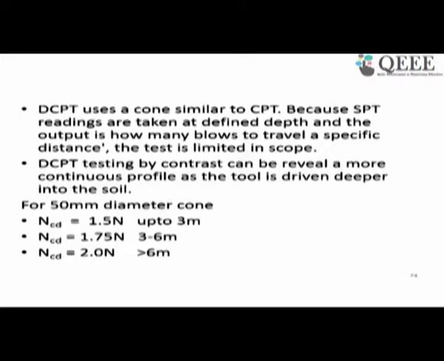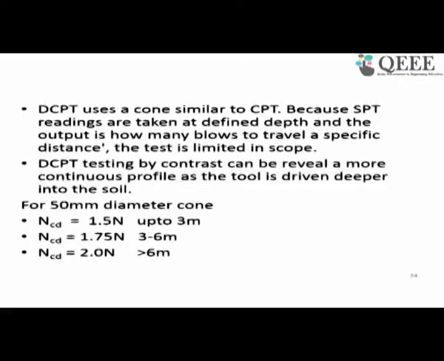For example, some correlations are given. The dynamic cone penetration test number can be equated with SPT with a coefficient of 1.5 for up to 3 meters. If it is 3 to 6 meters, you can use the coefficient 1.75, and 2 if it is beyond 6 meters. So that way it can be correlated with the SPT N as well.